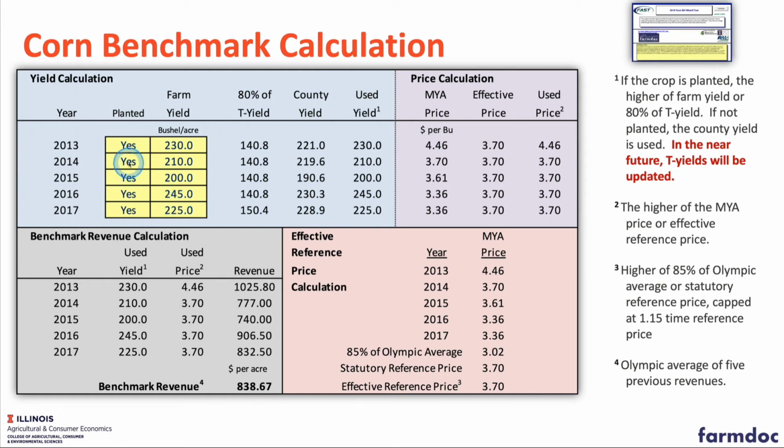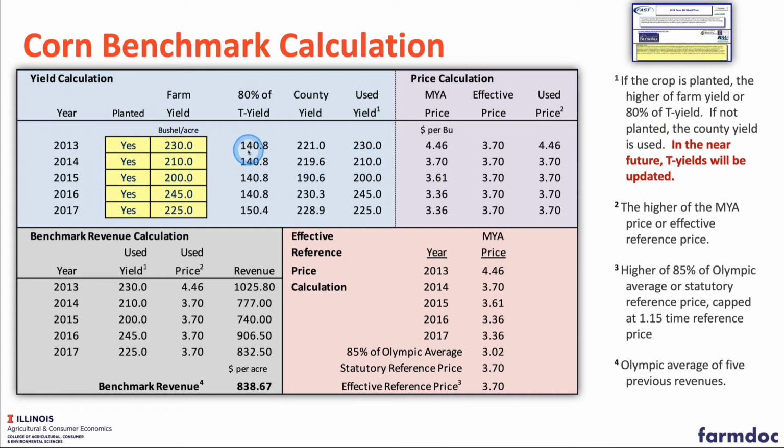If you did not plant the crop, say you did not plant the crop in 2019, you enter no here. They will use the county yield for the benchmark revenue calculation in that year. Answering no here means that this 2019 will enter into the calculation.